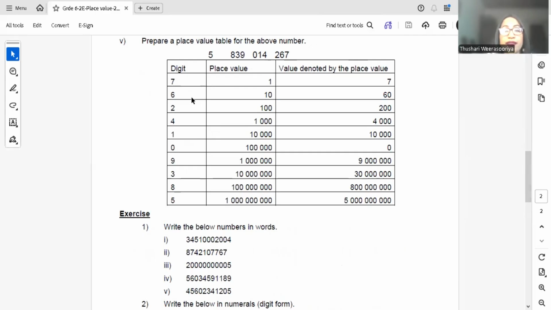Now 6. The place value is 10. The value denoted by the place value is 60. 200. 4,000. Very easy. 0, the place value is 100,000. Likewise, you can get the place value and the value denoted by the place value.